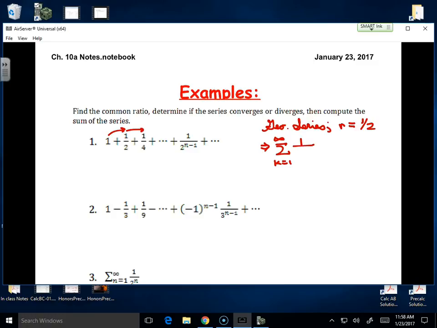A is 1, right? Our a will be 1. Why am I putting so many words?